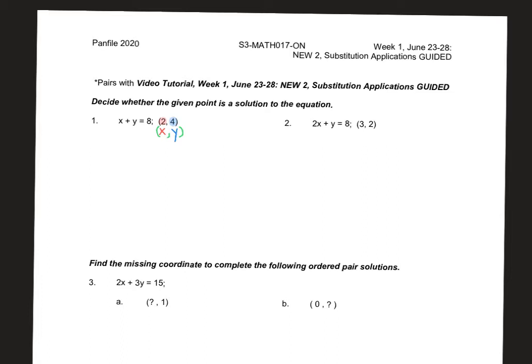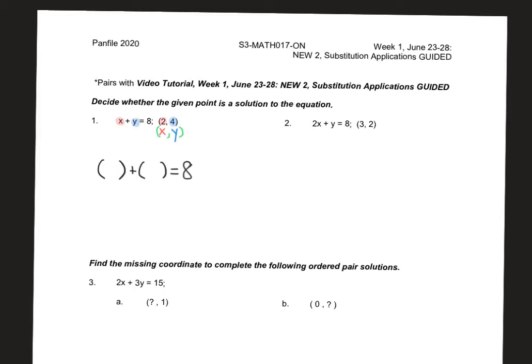I'm going to rewrite this equation with parentheses where I would have my x and my y. I may fill them in with a variable, I may fill them in with a number, I'm not really sure yet. What I do know is that my x is going to match up with my x and my y is going to match up with my y.